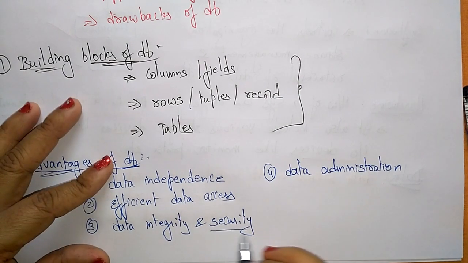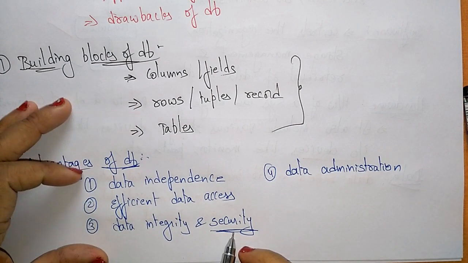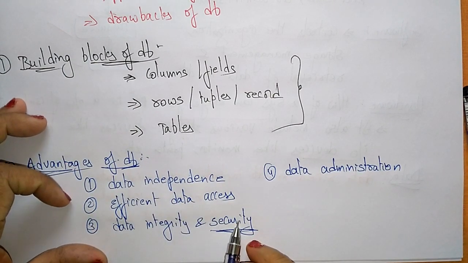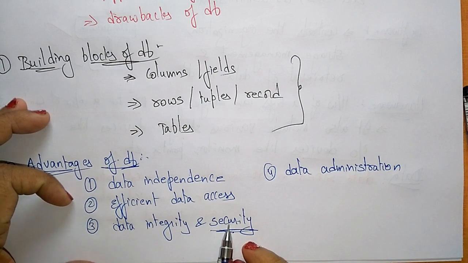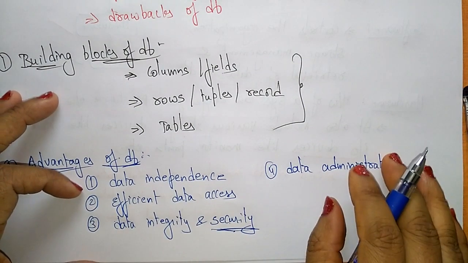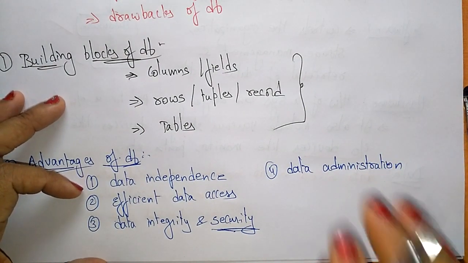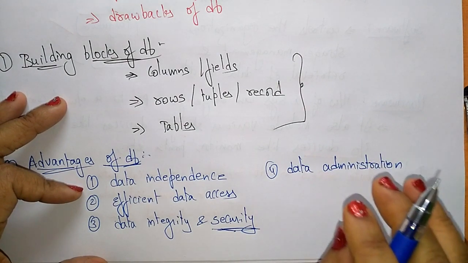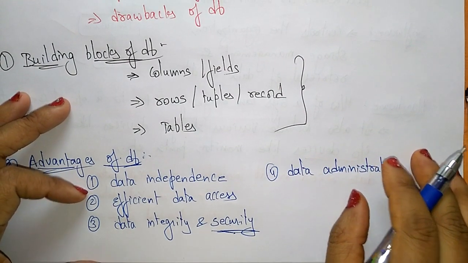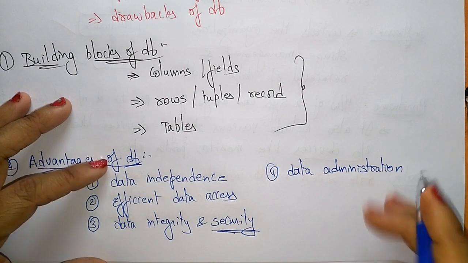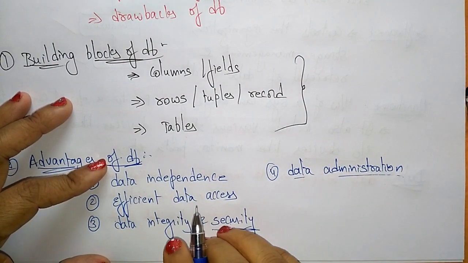So that's why it is more secure when compared to the file system. The database is more secure. Why are we saying it is more secure? Because only the user who is having the permission can modify the data that is present in the database. So everything will be under the control of data administration.